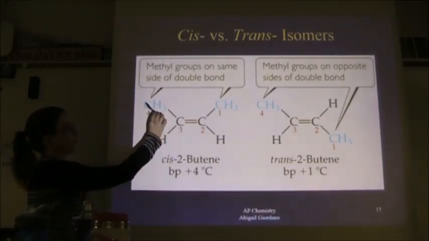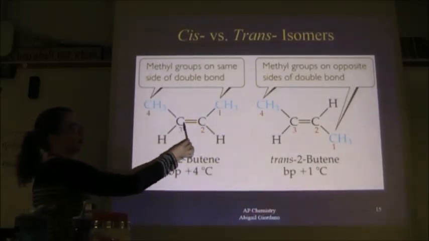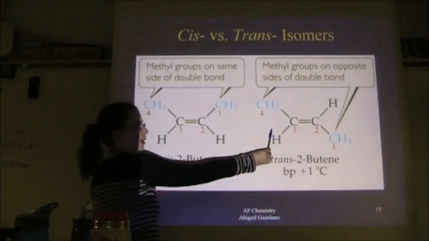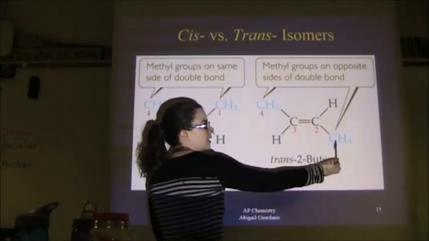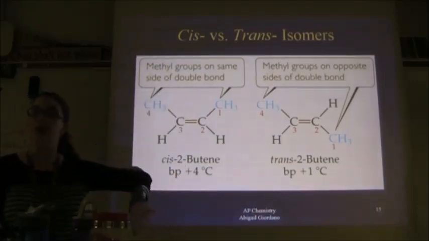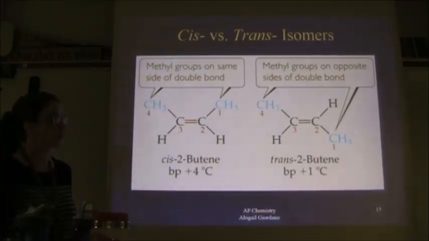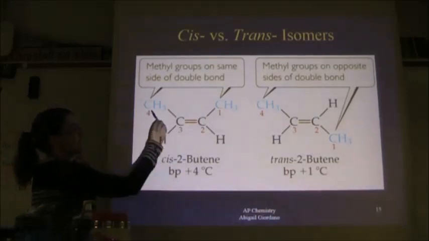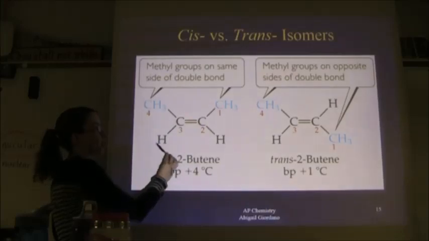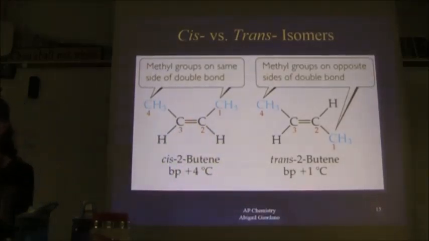This one shows the ends of the carbon chain both on the top, whereas this one has the ends of the carbon chain, one on the top, one on the bottom. And that is something different. That changes the molecule. If the ends of the carbon chain are both on the top or both on the bottom, we call that a cis isomer.